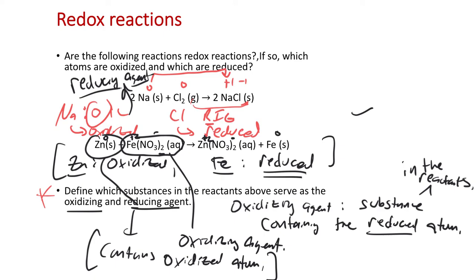Chlorine is the atom that undergoes reduction, so Cl2 gas is the oxidizing agent. So again, think of the agent applying to the full substance, and oxidized and reduced applying on an atom by atom or element by element basis.